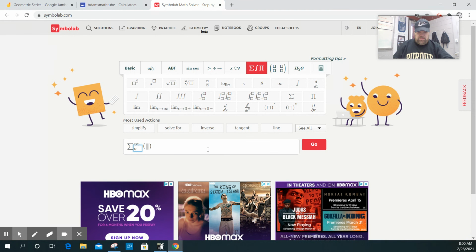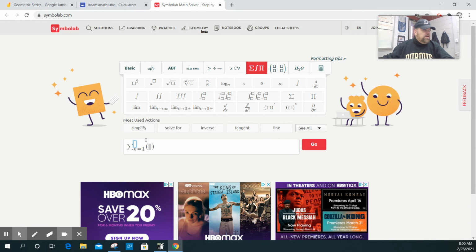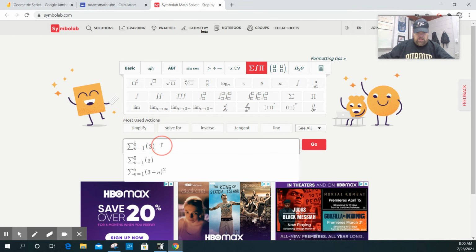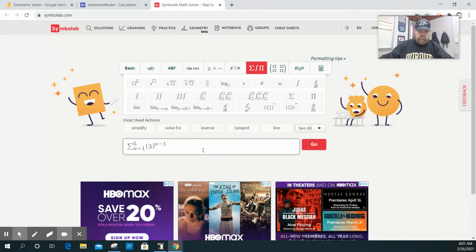So this one, I'm going to say n equals 1. But I don't want to go to infinity. My upper boundary was 5. Then in parentheses, I'm going to put 3, and raise that to the n minus 1. I could put any letter, I just didn't feel like retyping it.